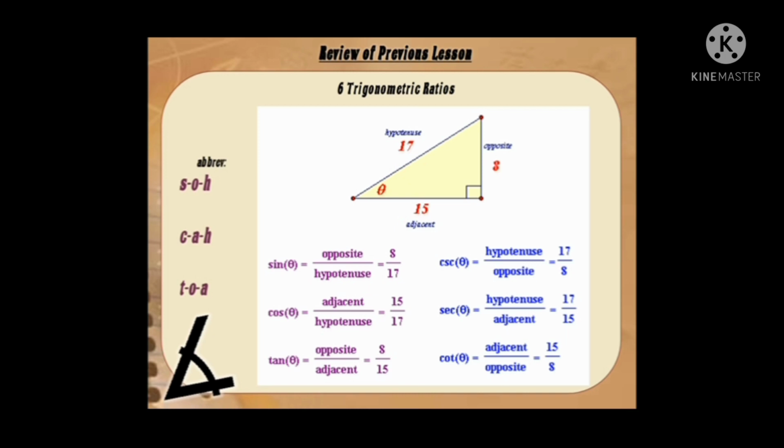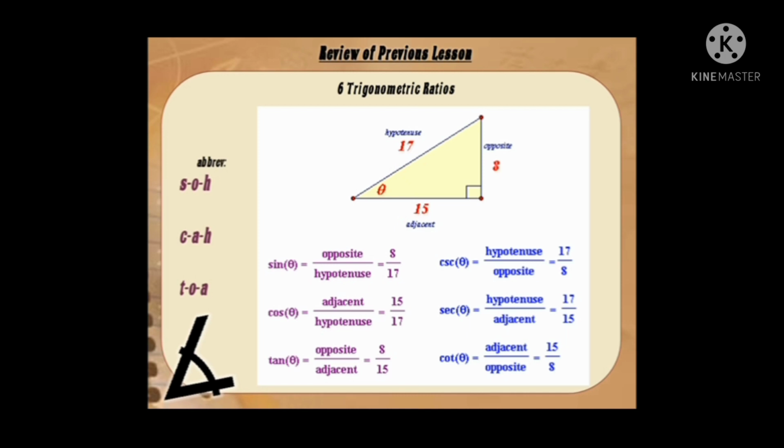Sin theta is equal to opposite over hypotenuse, therefore its value is 8 over 17. Cosine theta is equal to adjacent over hypotenuse, therefore it is equal to 15 over 17. Tangent theta is equal to opposite over adjacent, therefore it is equal to 8 over 15.